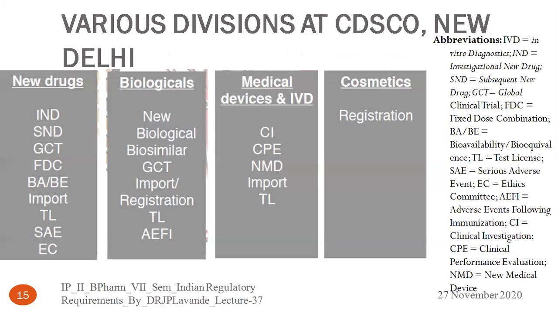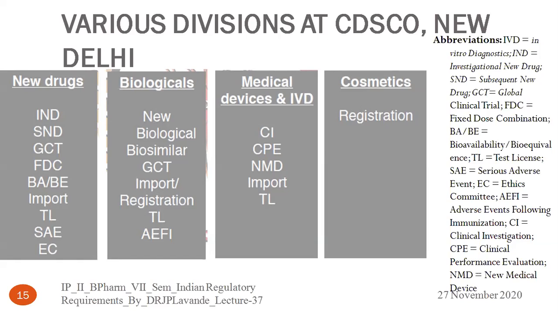The various divisions associated with the CDSCO at New Delhi are the new drugs division, the biological division, the medical device and in vitro device division, and the cosmetic division. Each of these divisions is associated with its respective products and their functioning.